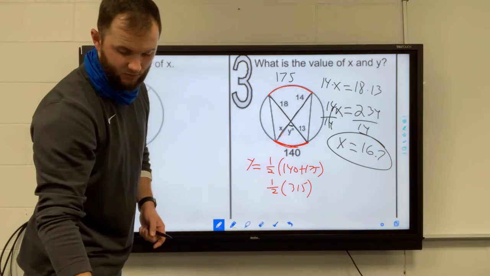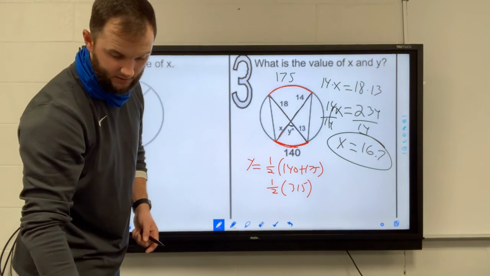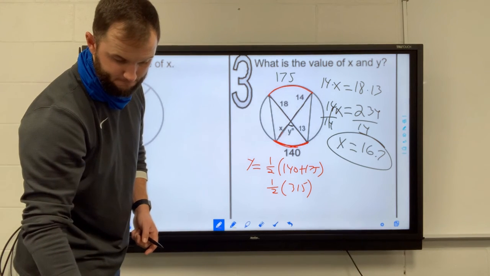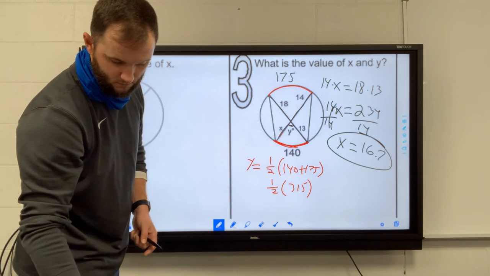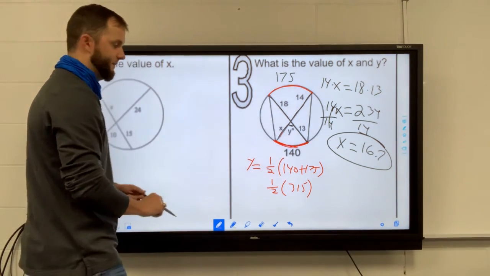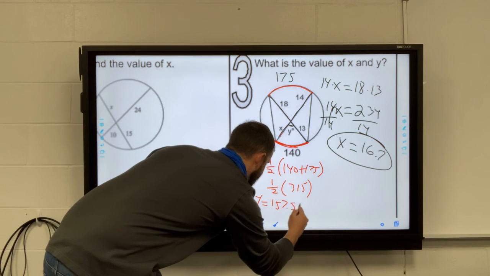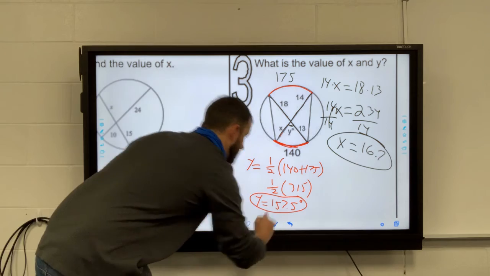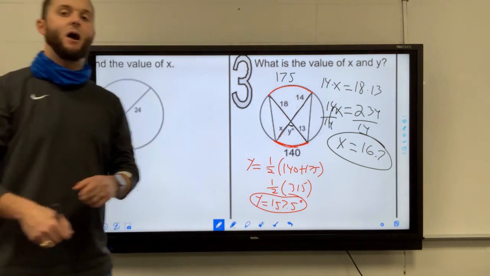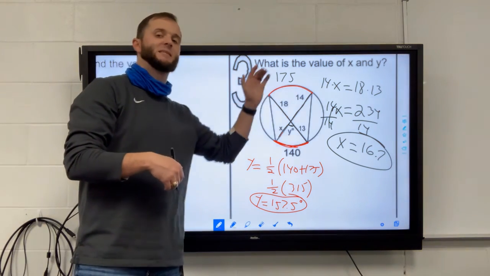And then I'm going to divide 315 by 2, and that's going to end up giving me 157.5. So y is going to be equal to 157.5 degrees.